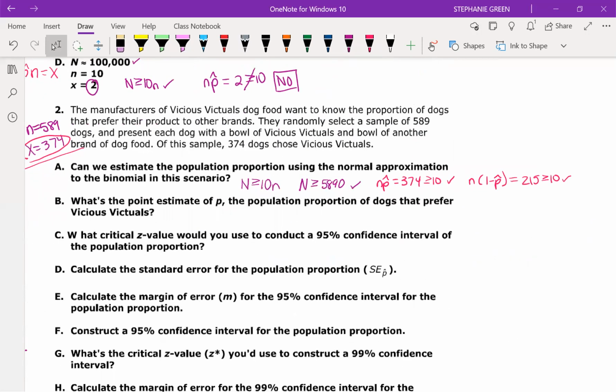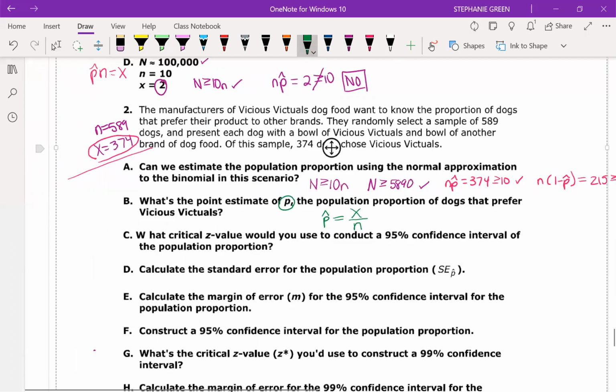All right, part B. What is the point estimate p of the population proportion of dogs that prefer Vicious Victuals? Well, the point estimate for the population proportion in any scenario is going to be p hat. p hat is the proportion within a sample. And to calculate p hat, we take the number of successes, x, divided by the total sample size, n.